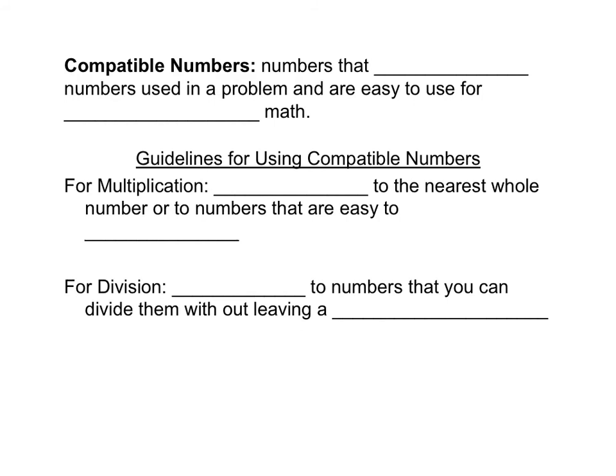So another thing we can look at when we are estimating are things called compatible numbers. So compatible numbers are numbers that replace numbers used in a problem and are easy to use for mental math. Remember, the whole point of estimating is to get an approximate answer and something that we can easily do without a calculator, because if we had to use a calculator, we might as well just find the exact answer.